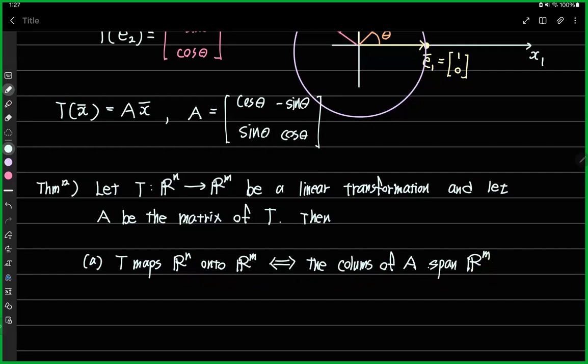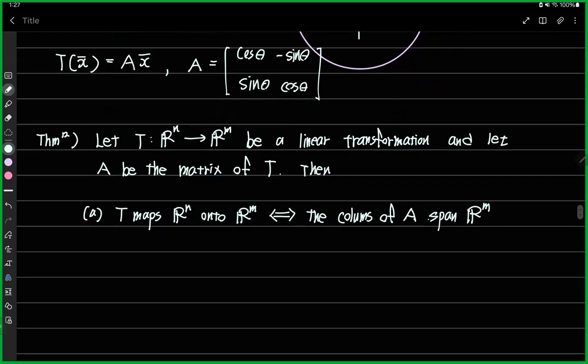So what does that mean? The columns of A span Rm space, which means that the set of all linear combinations of the columns of matrix A is equal to Rm space. To do that, every row of matrix A must have a pivot.